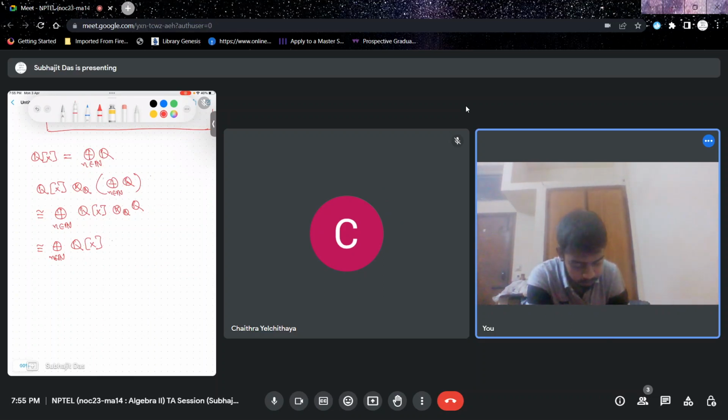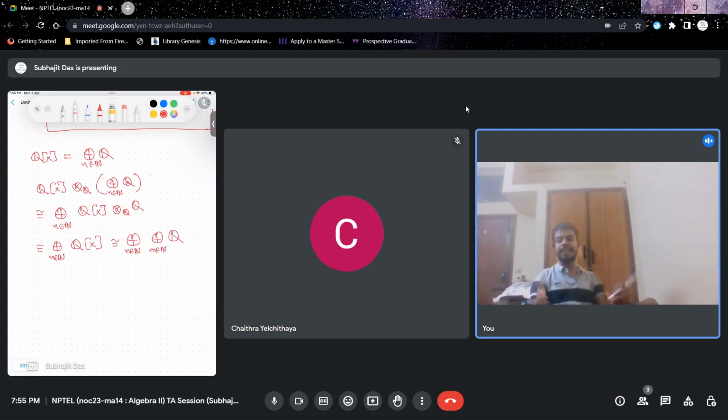Finally, this is isomorphic to direct sum over n in natural numbers, where the isomorphisms are Q module isomorphisms. So this is isomorphic to direct sum over n in natural numbers, direct sum over m in natural numbers of Q, since Qx can be written as a direct sum, as I said.